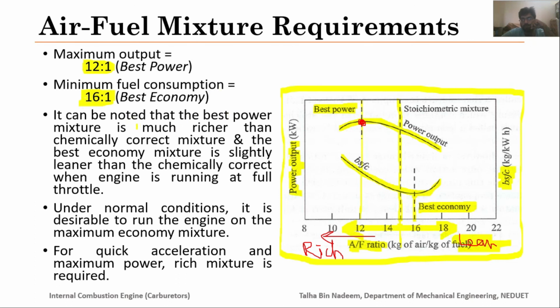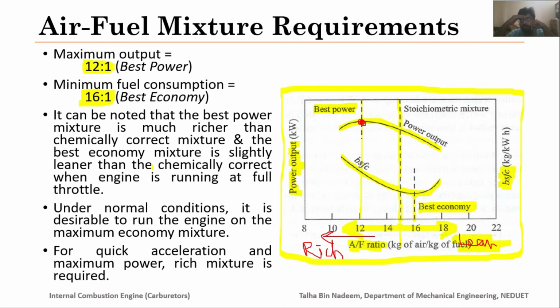It can be noted that the best power mixture is much richer than the chemically correct mixture, and the best economy mixture is slightly leaner than the chemically correct mixture when the engine is operating at full throttle. Under the normal conditions, it is desirable to run the engine on the maximum economy.